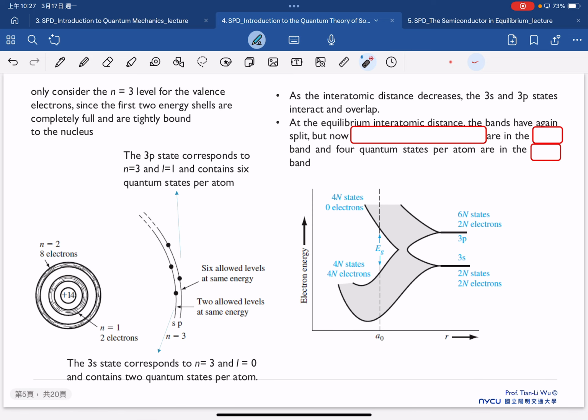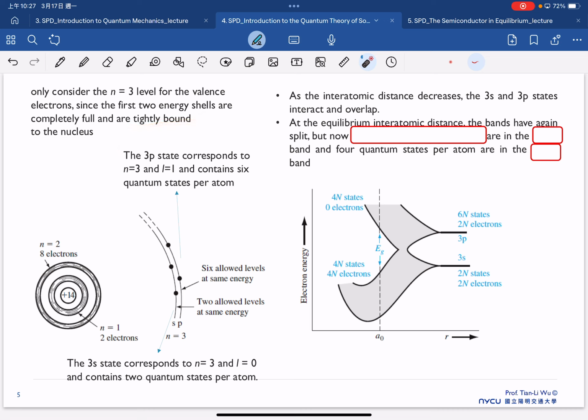Finally, if we consider n equal to 3 for the valence electron, the first 2 energy shells are completely full and tightly bound to the nucleus.